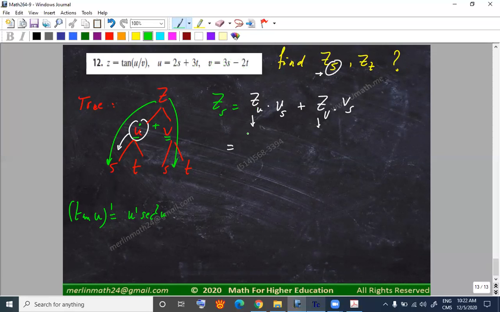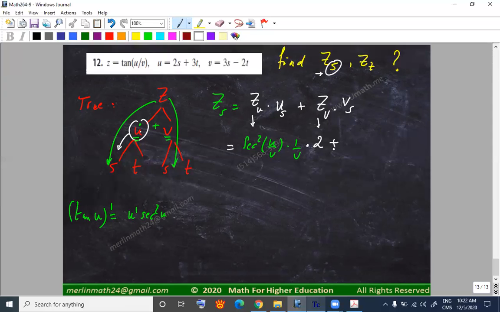So Z_U is the derivative of the tangent, secant square of what you see inside. Now you derive with respect to U, so it's 1 over V, times U_S, which is 2.